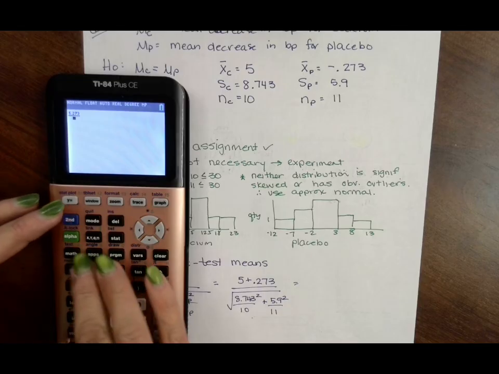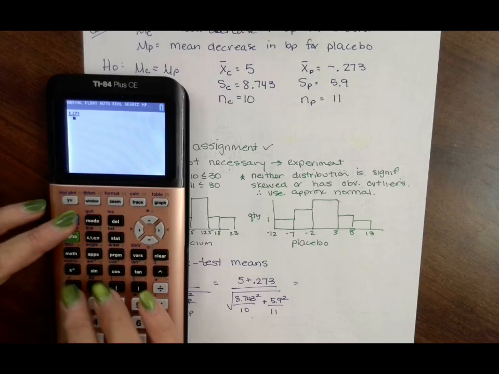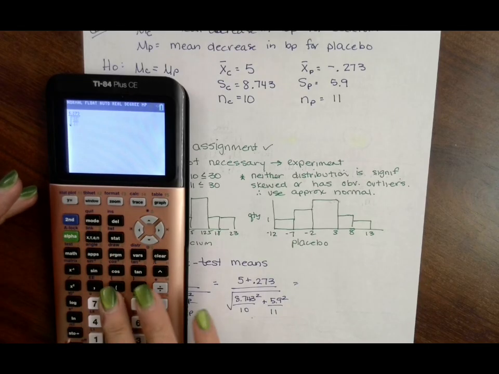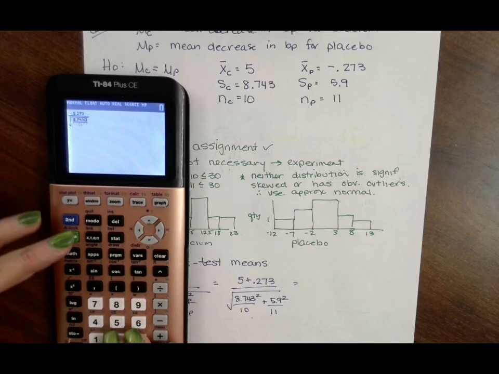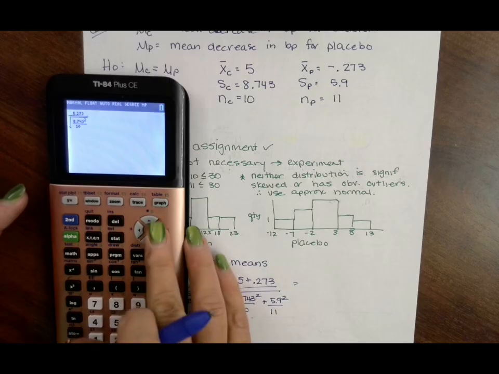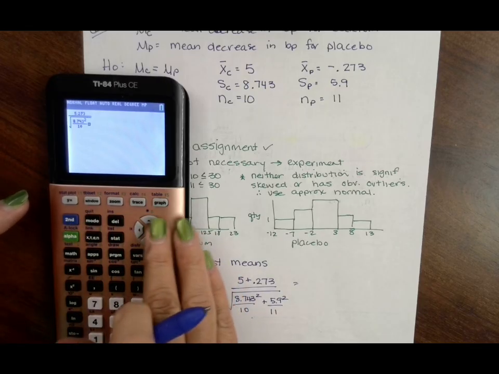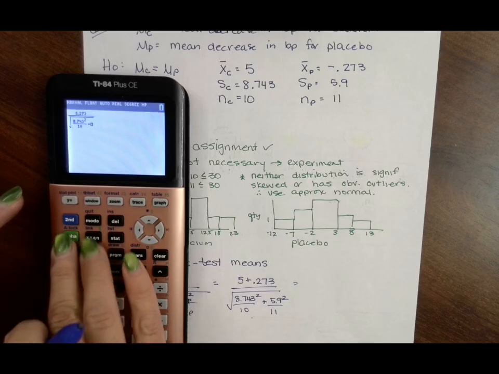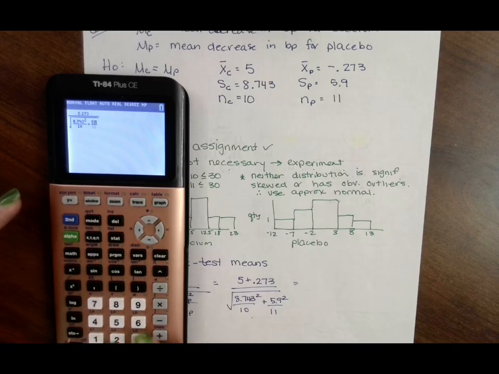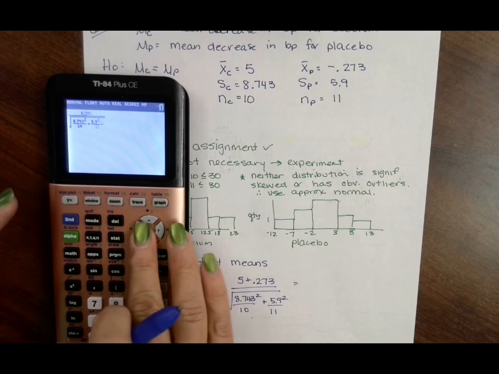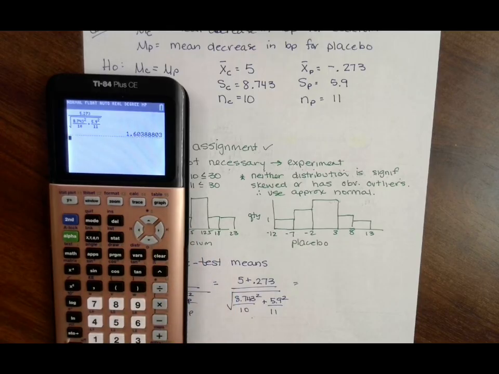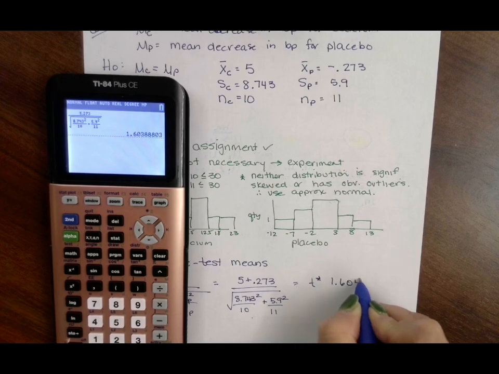In the denominator, I have the square root of the sum. This gives me a t-star value of 1.604.